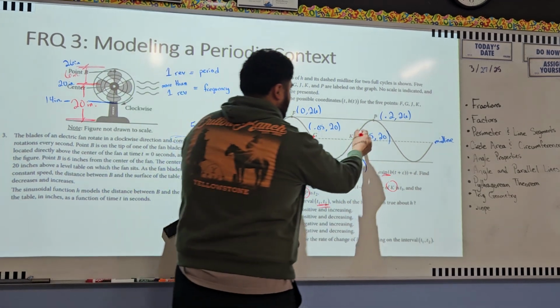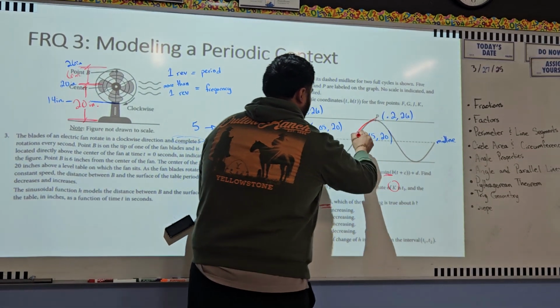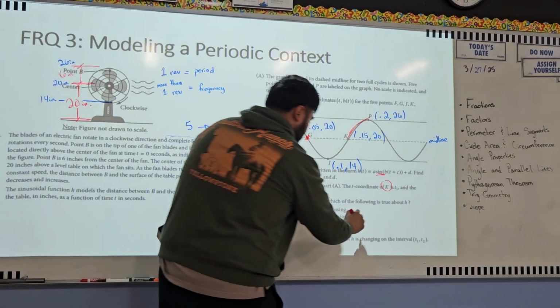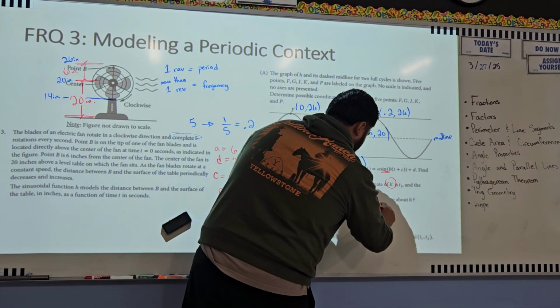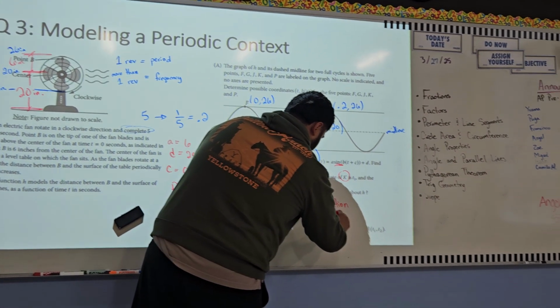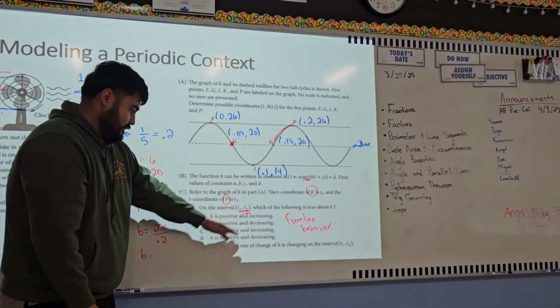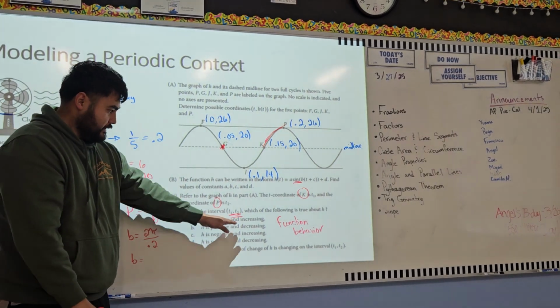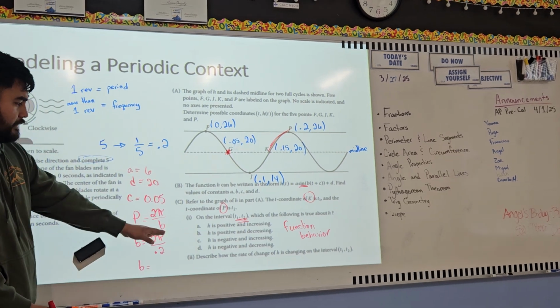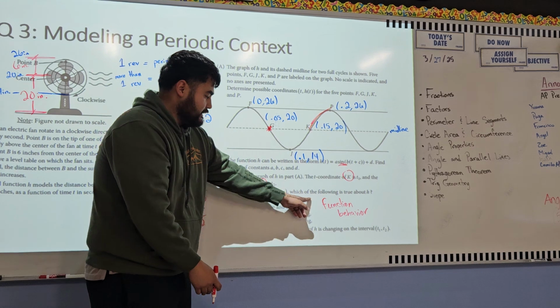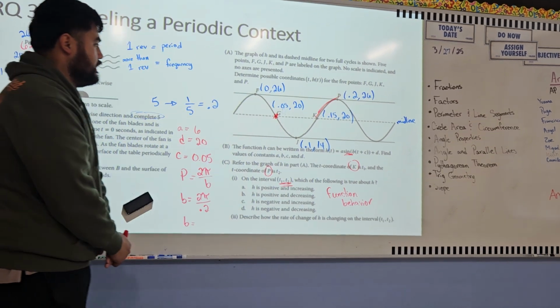K and P are over here, so from K going to P. C1 is function behavior. This does not affect concavity, nor does concavity affect function behavior. We know concavity is concave down, rate of change decreases, but that does not mean it's the same thing as this. Just keep that in mind.